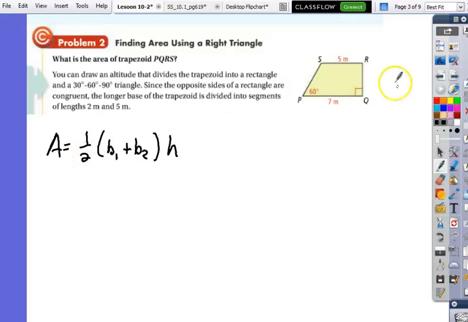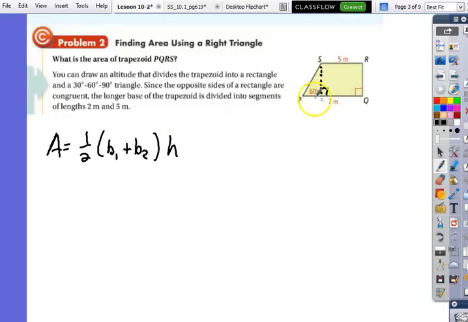What am I missing in this figure right here to be able to plug everything into that formula? The height. But if I were to drop a perpendicular line there, I divided this side of the trapezoid up into what? What kind of right triangle? Yeah, one of our special right triangles, a 30, 60, 90.